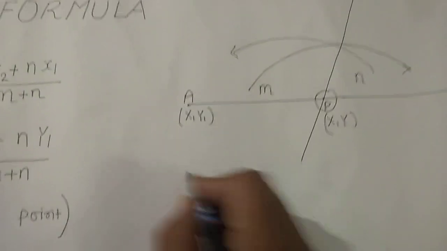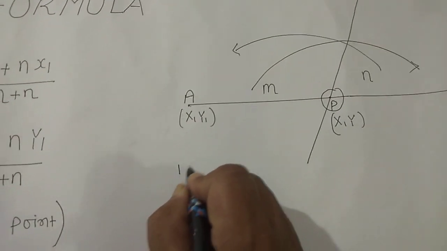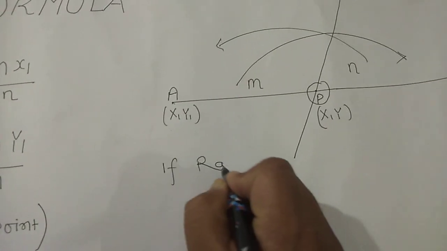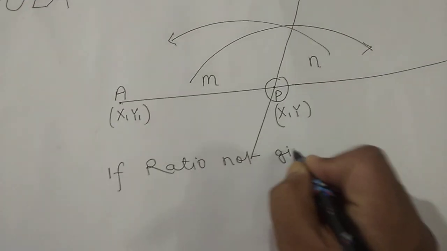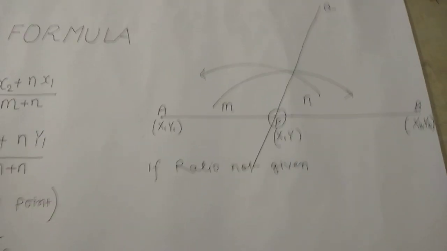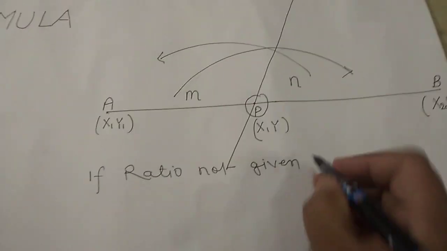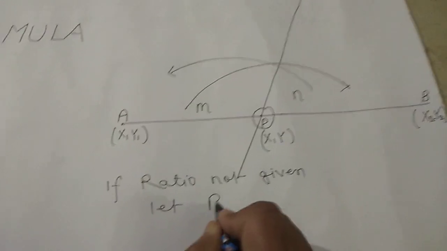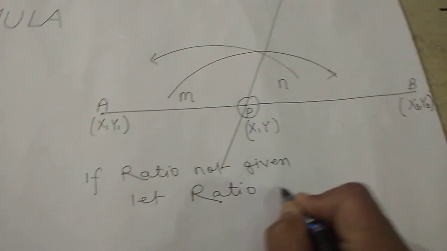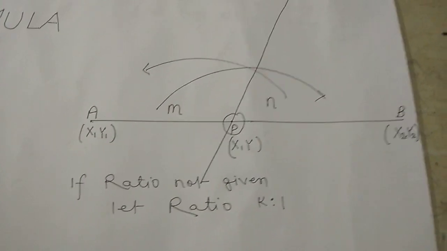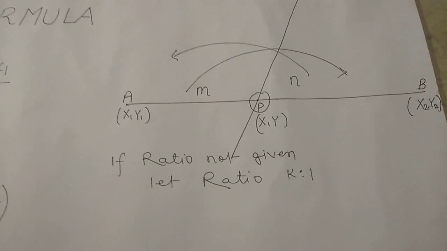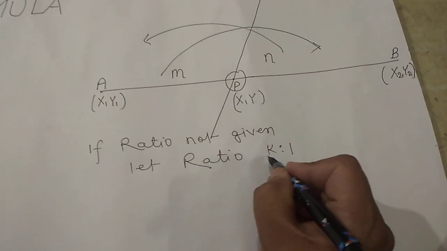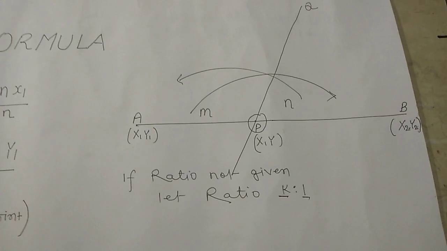And the third condition: if the ratio is not given, let the ratio be k to 1 and follow the same condition, so m is replaced by k, n replaced by 1.